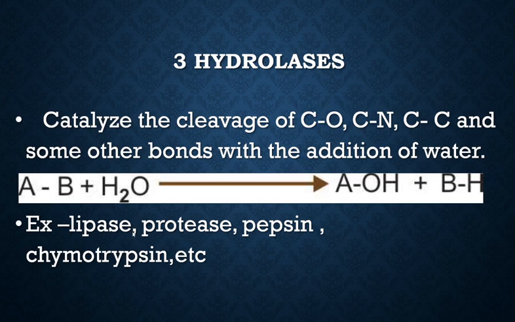Hydrolysis is a catabolic function, and it catalyzes the cleavage of CO, CN, and CC bonds, and some other bonds, with the addition of water. So by the addition of water, it breaks this bond, which is called hydrolysis. Some examples of this type of enzyme are lipase, protease, pepsin, chymotrypsin, etc.